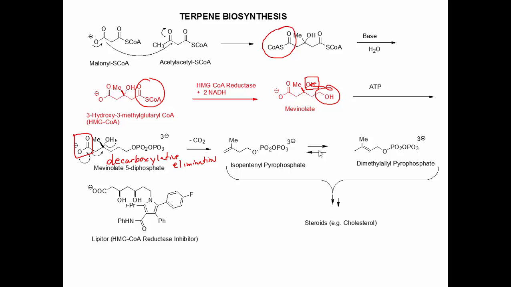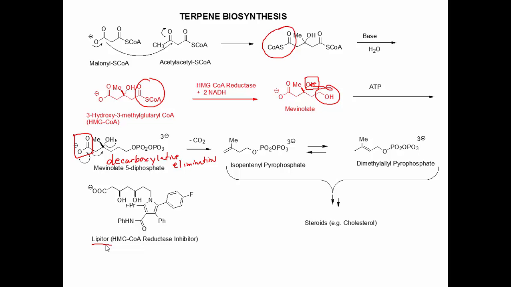What happens here is that these couple through a series of carbocation-like reactions and go from 5 carbons to 10 carbons to 15 carbons and get built up 5 carbons at a time. All right, this compound here is called Lipitor. Okay, you've probably seen many commercials for it, and it's what we call an HMG-CoA reductase inhibitor.